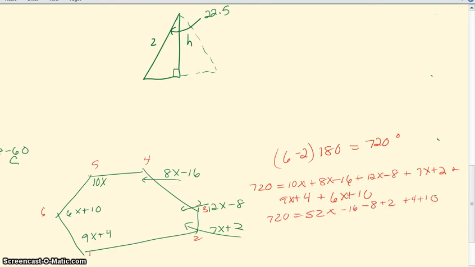So that's 52 x's over there. 720 equals 52x.